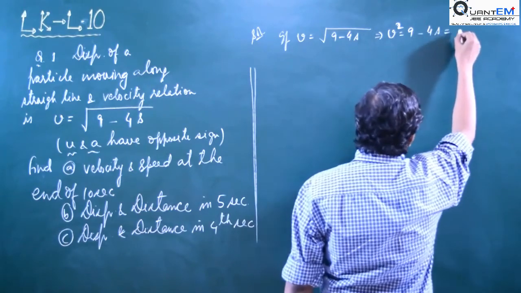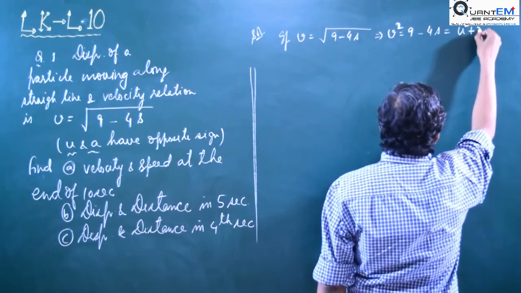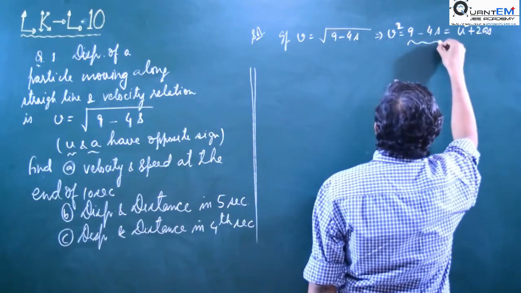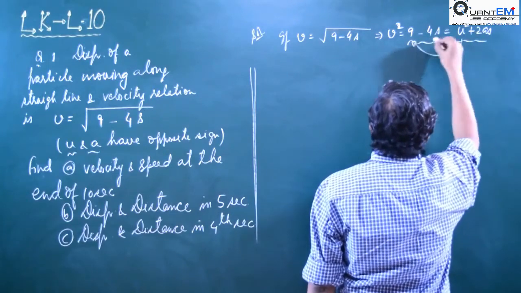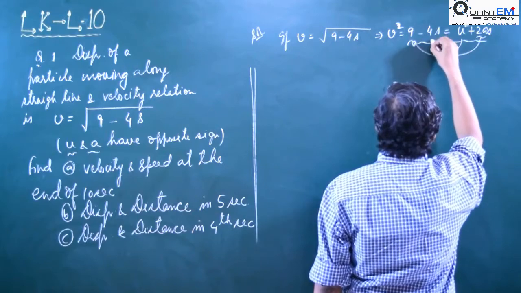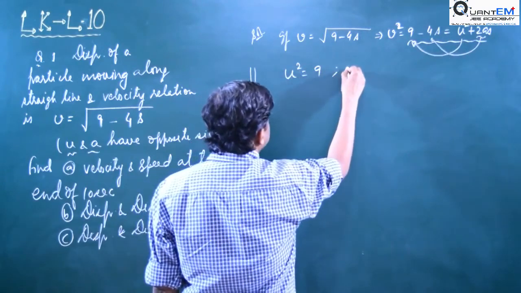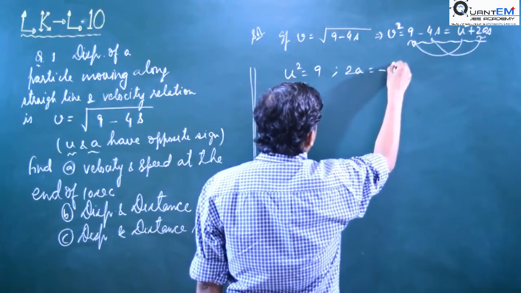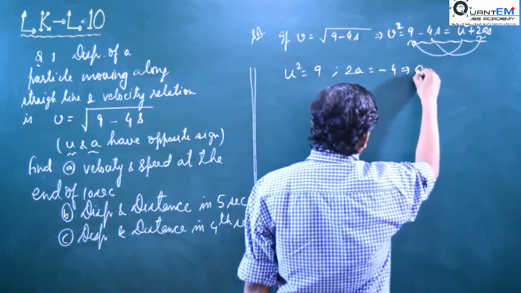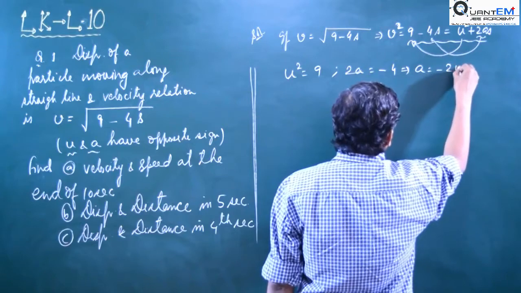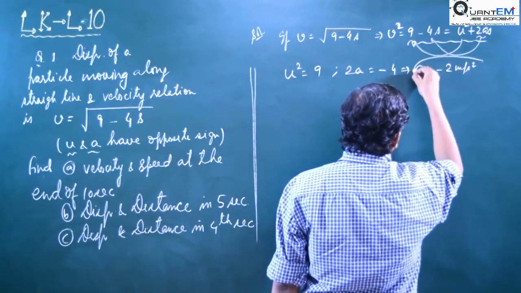We compare it with U square plus 2as. So comparing, what do you get? U square is equal to 9 and 2a is equal to minus 4, so a is equal to minus 2 meter per second square.